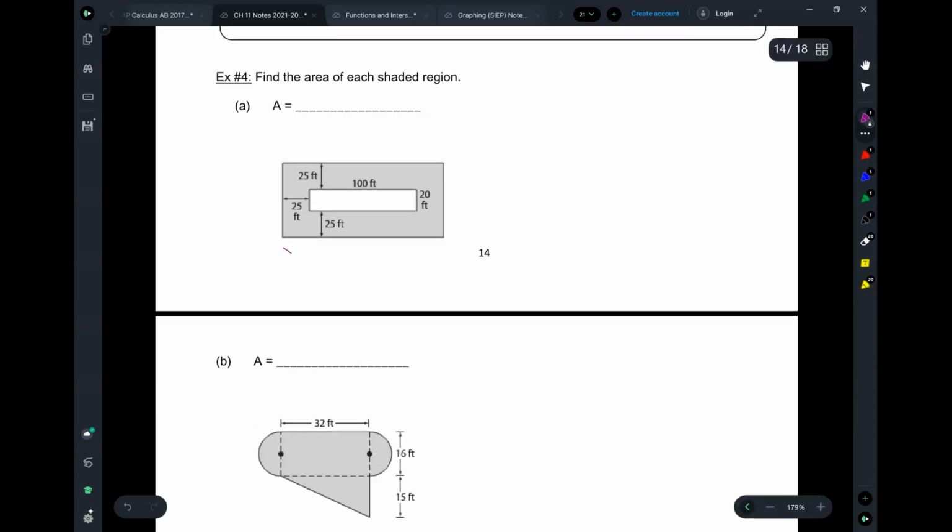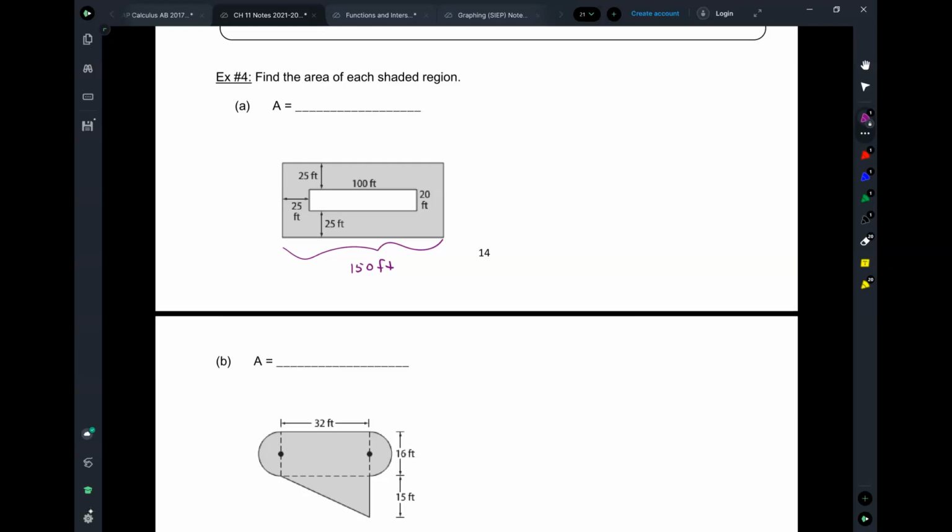How much is this side? Is it 120? So it's 150, because you've got to go on both sides. So it's 100 here. 20 is this. And then you've got 25 and 25 on either side, so 150.